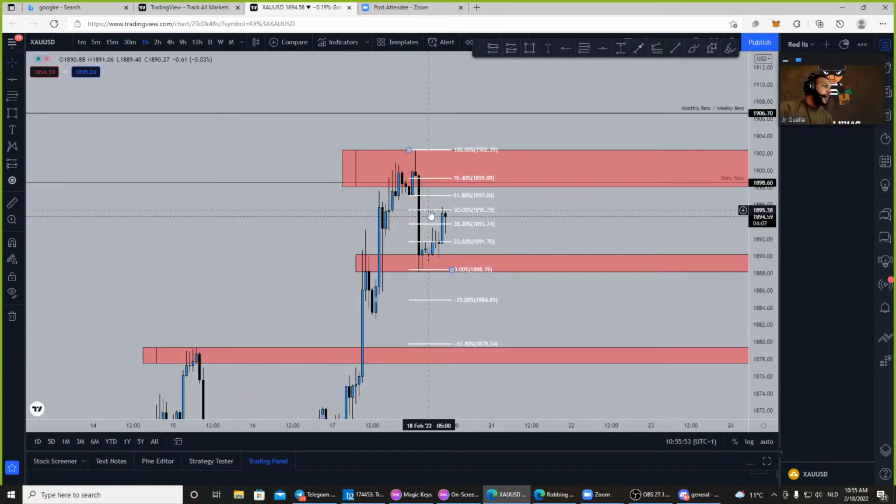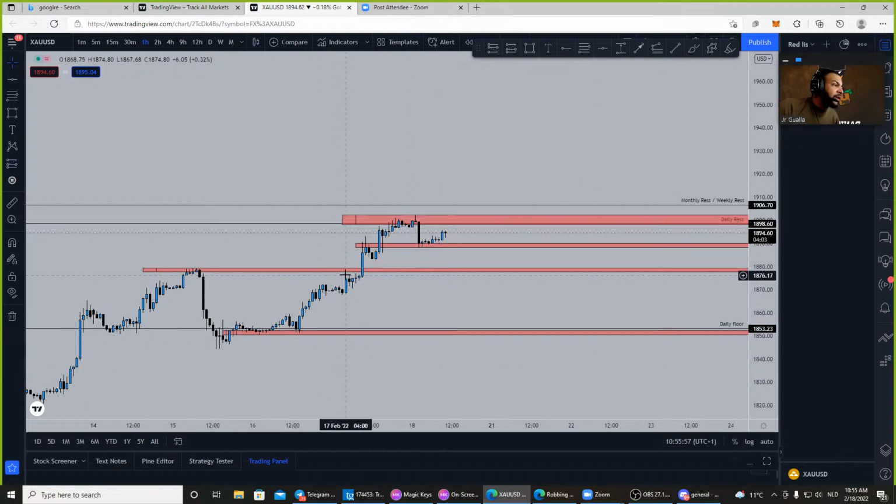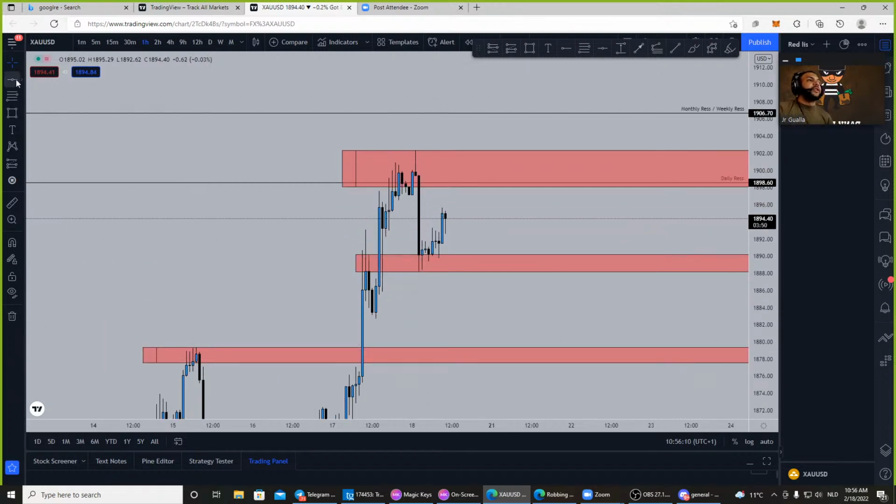Okay, so let's look at our Asian lows, because those get raided every day. Yesterday, there we go. So it looks like this is our Asian lows. Yep. So then pull out our line tool. You can just put this wherever.